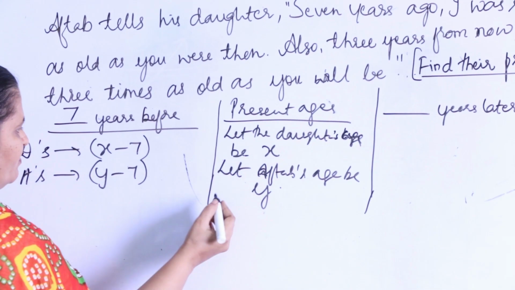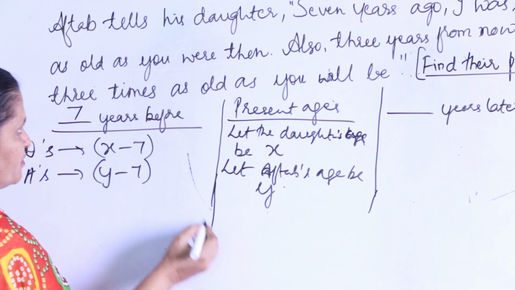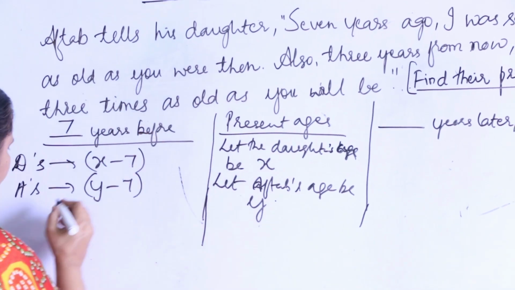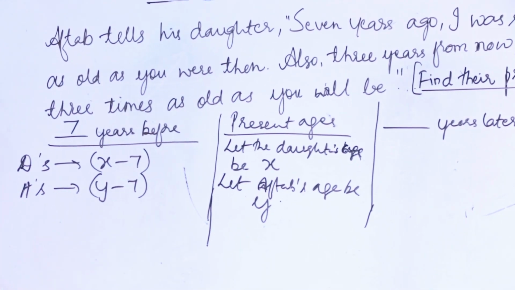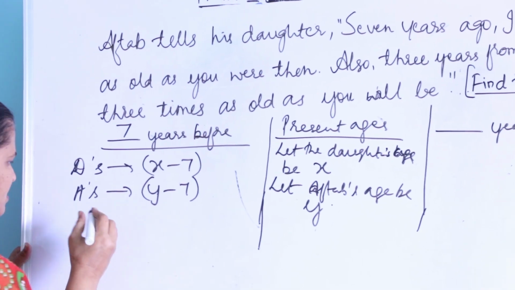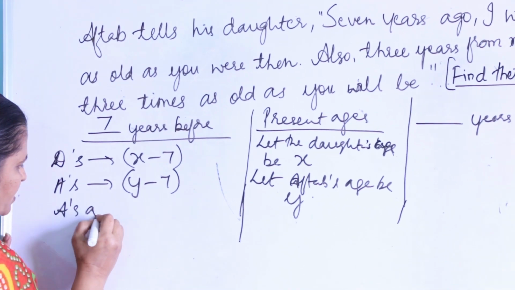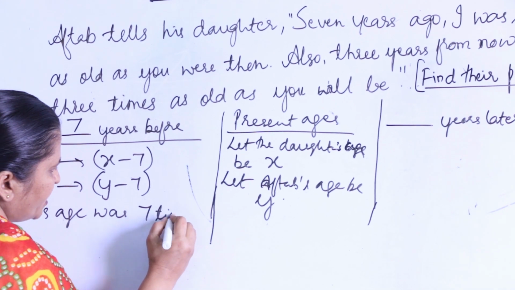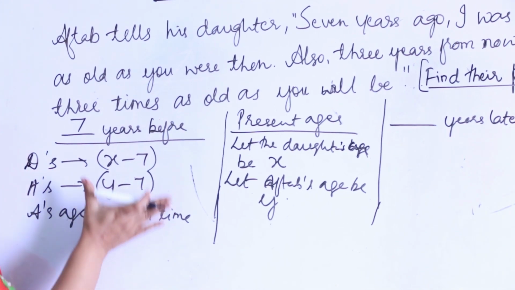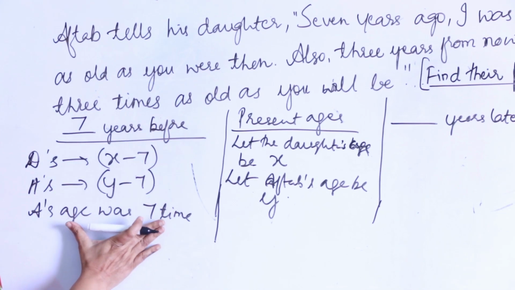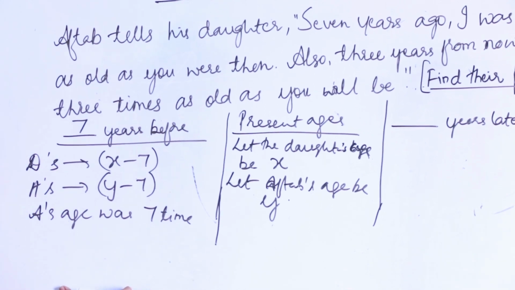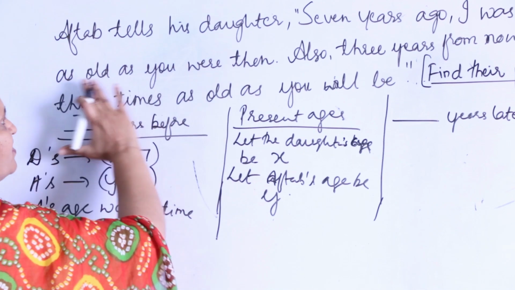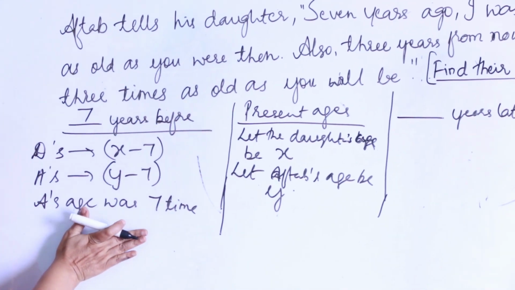Next, we will finish off the relationship here first. Aftab says, that means you write in words. Very, very important step this is. Aftab's age was 7 times. I'm writing everything, whatever was 7 years ago story, under the 7 years ago column only. Before. Because this entire relationship, the first statement, is of the past.